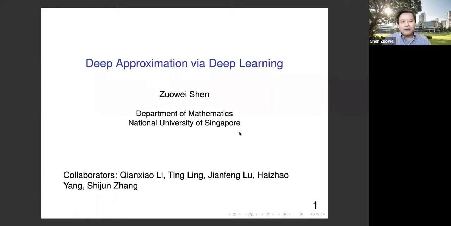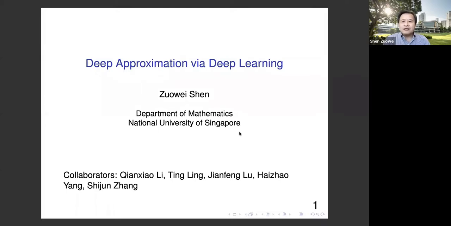To understand deep neural network and deep learning, I think all kinds of mathematics are involved. We need all kinds of mathematics to really understand what deep learning is doing. Today, I'm going to look at deep learning and deep neural network from the approximation point of view.